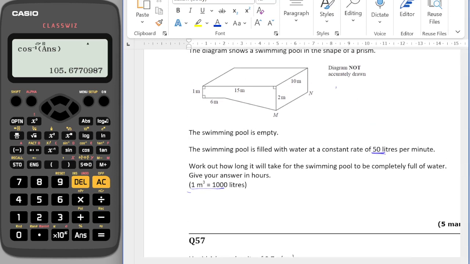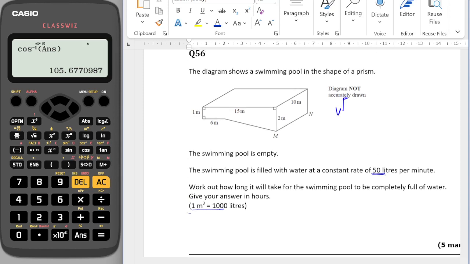So the volume of the swimming pool is going to be equal to the area of the face, which is going to be 1 times 15, plus 1 plus a half of, and we've got a triangle, so that would be 6.